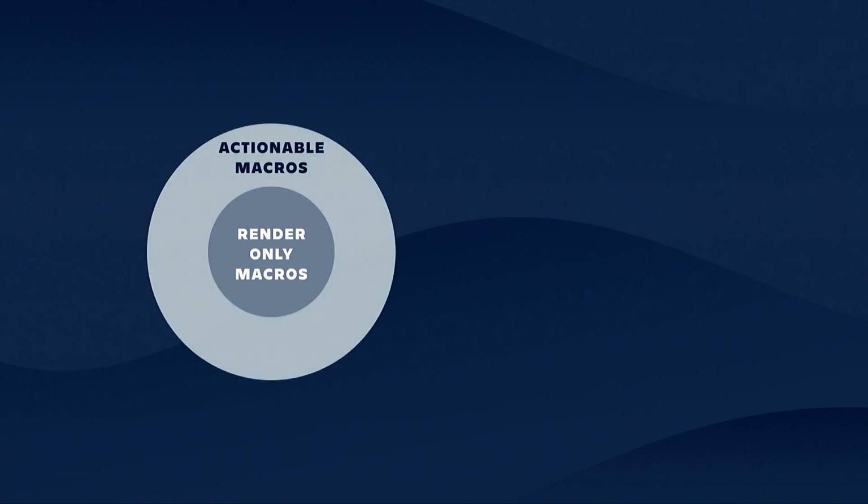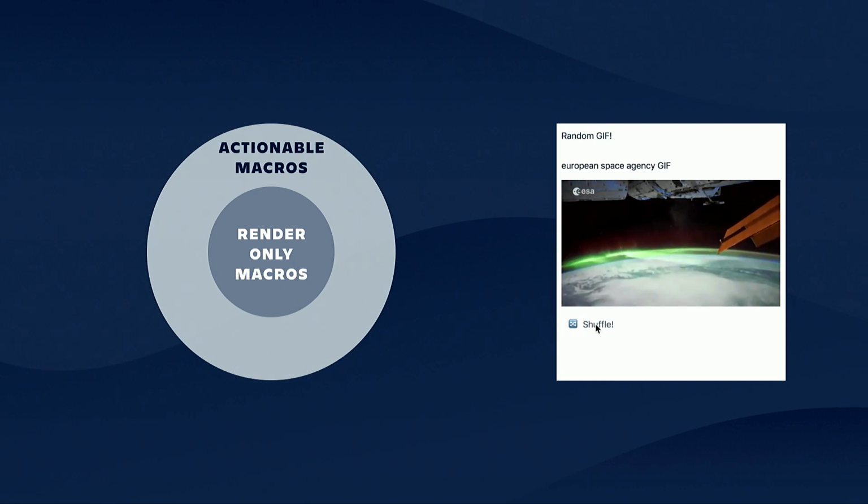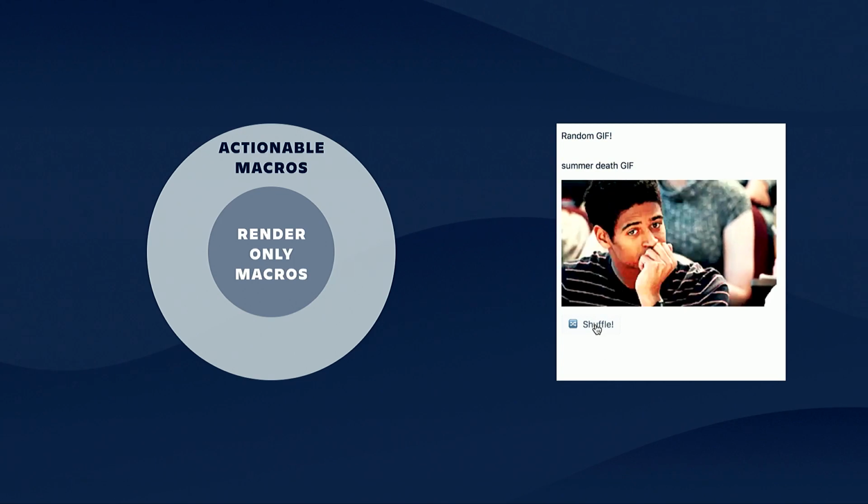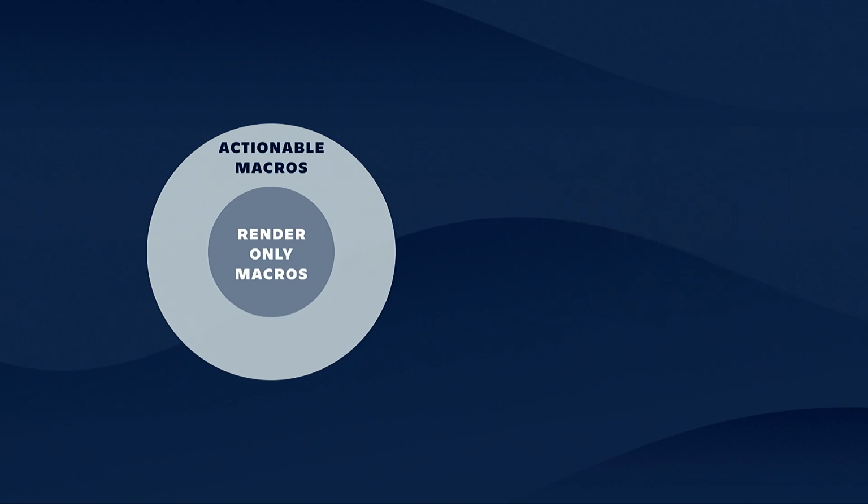The next level of macros that we could abstract were called actionable macros. Now, these would be macros that users can now interact with and then cause a re-rendering of the macro. So for example, if we take that render-only GIF macro example from before, and we were able to make it actionable, we could now add a shuffle button that, when pressed, would load a new random GIF. The last level of macros that we could define were configurable macros.